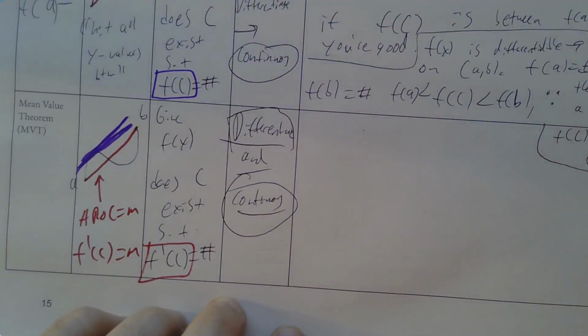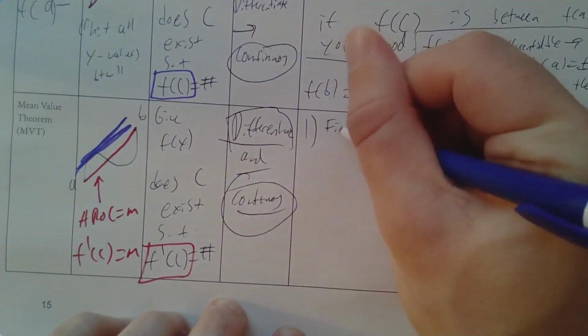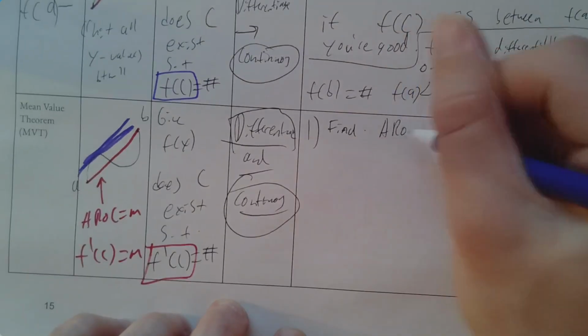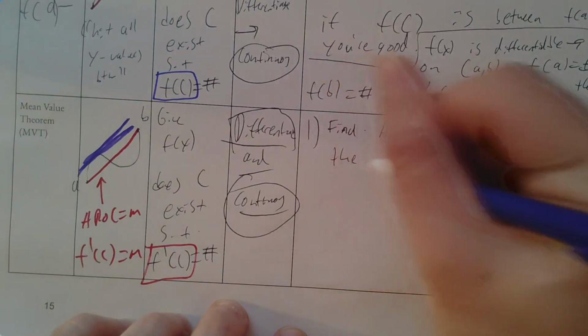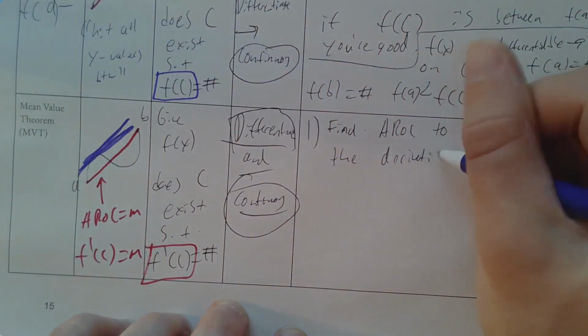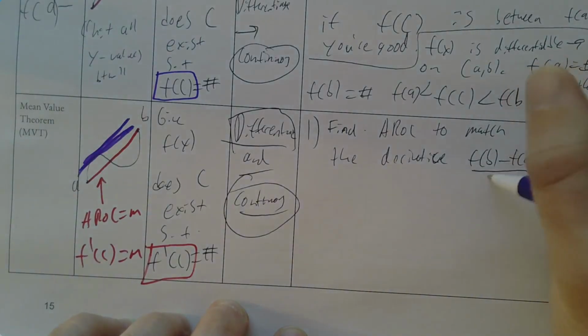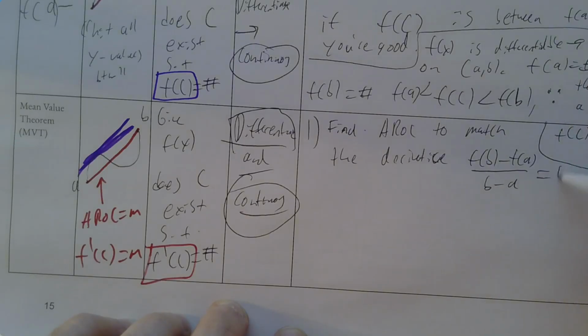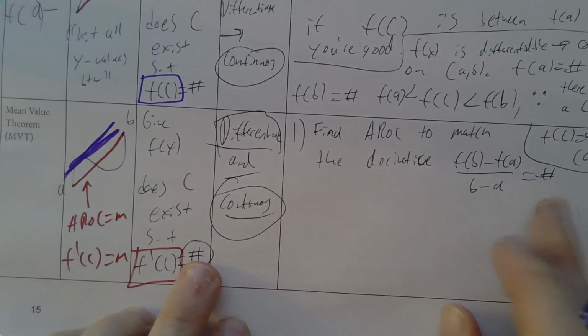Okay. So if you see this on the test and you're stuck and you just don't know what to do, you can get a free point just by finding the AROC to match the derivative. That's f of b minus f of a over b minus a, and you want it to equal whatever number it says the derivative should be.